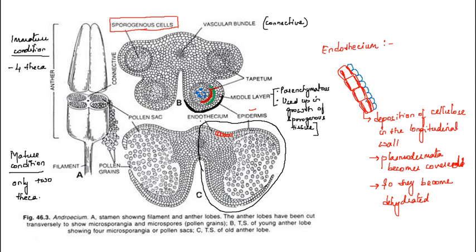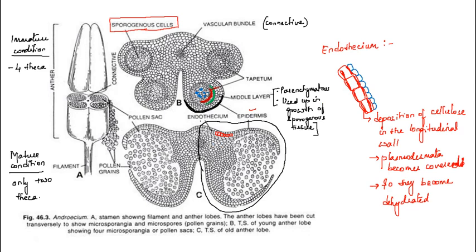See, there is no deposition of callose in the horizontal wall. So there is deposition of callose in the longitudinal wall, and when the anther dries up, the endothecium will rupture, and due to which the anther will be released.